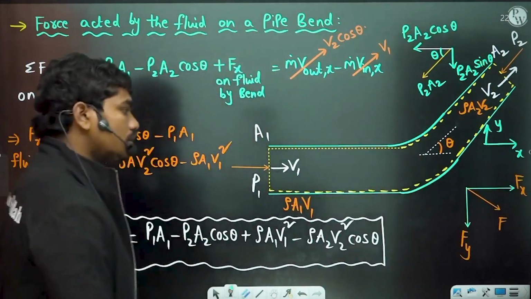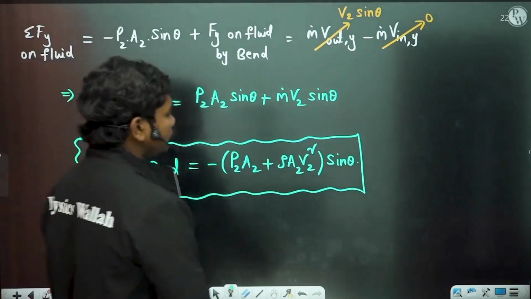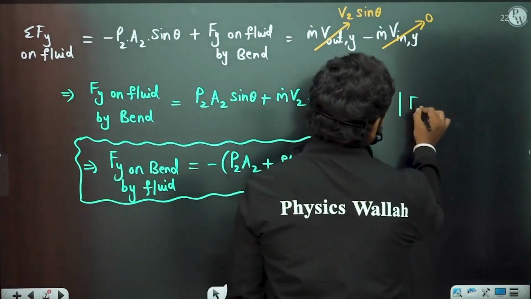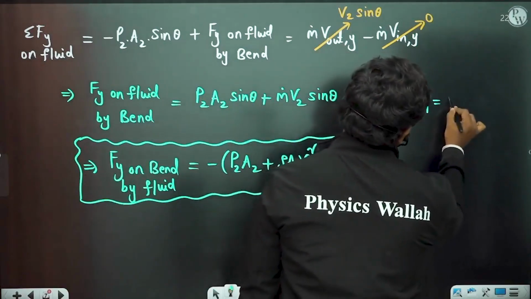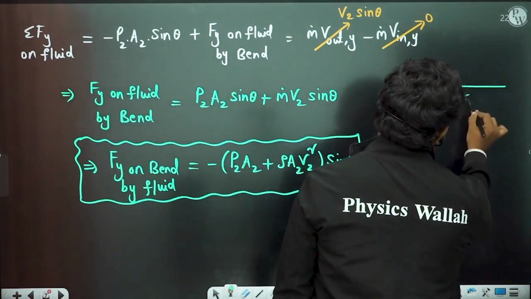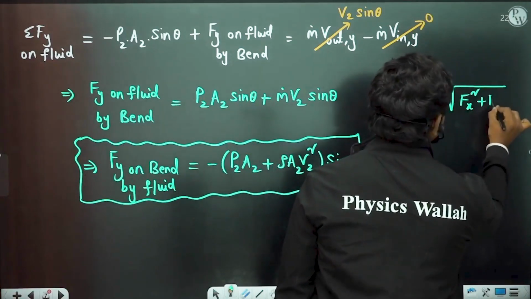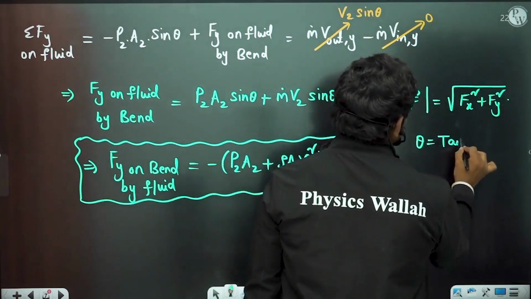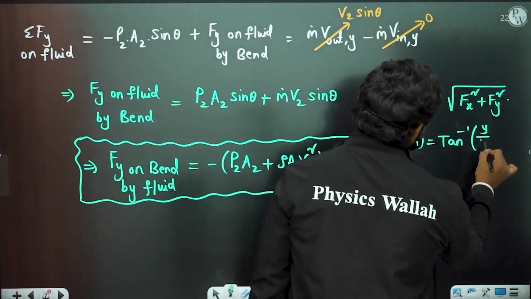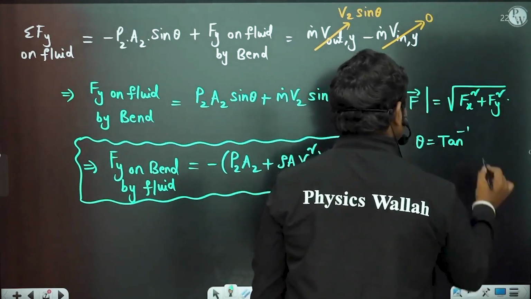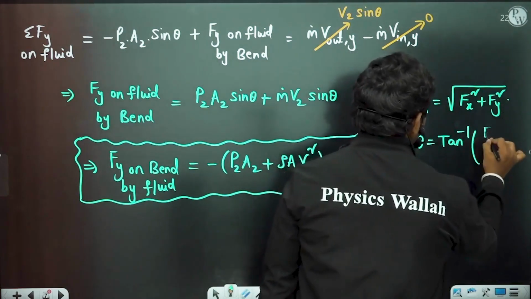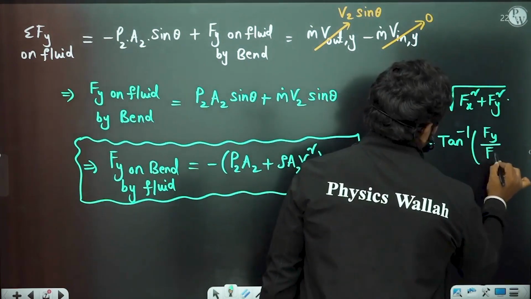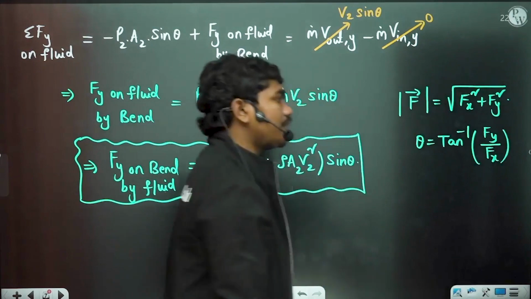Okay, so once you have the Fx and Fy components, if you want the magnitude of the force acting on the bend, then this is equal to root of Fx square plus Fy square, correct? And if you want theta, theta is tan inverse of Fy by Fx.